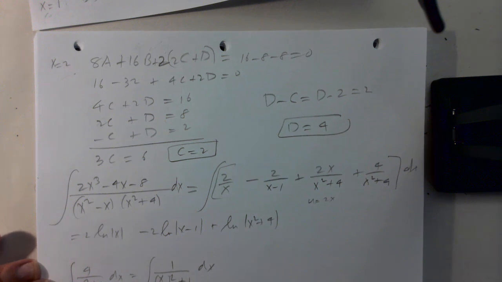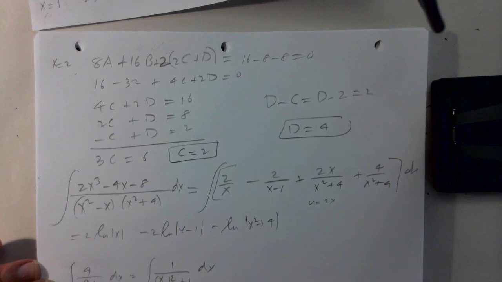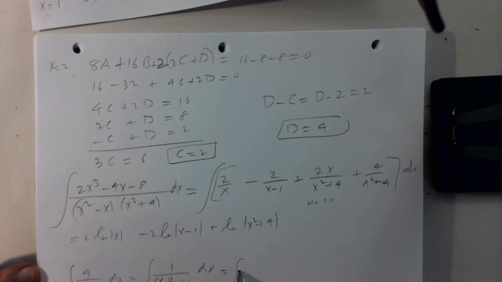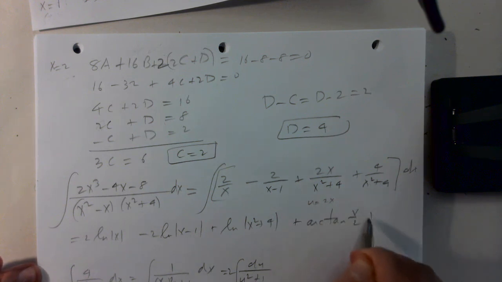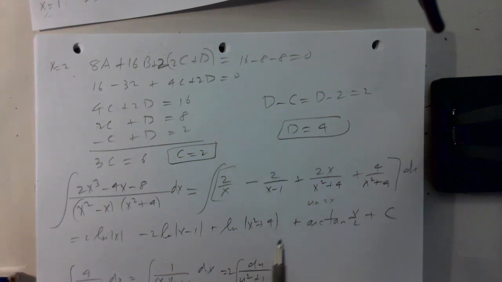If we let u equal x over 2, so x is 2u, dx is 2 du. When we substitute, we get the integral of 2 du over u squared plus 1. This is 2 times the arctangent of u, which is 2 times the arctangent of x over 2. So we get this is 2 arctangent x over 2 plus the constant.